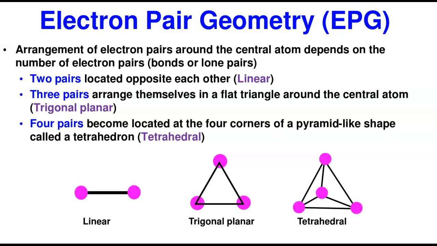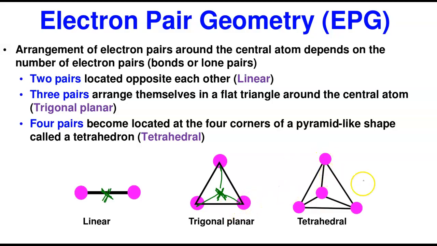So now there are 3 basic electron arrangements around atoms we're going to be looking at. First of all, assuming this is the central atom and it has 2 attachments, which could include a lone pair, it will assume a linear shape. If there are 3 things attached around the central atom, like 3 attachments or lone pairs around it, it looks like a triangle, and we call that trigonal planar.